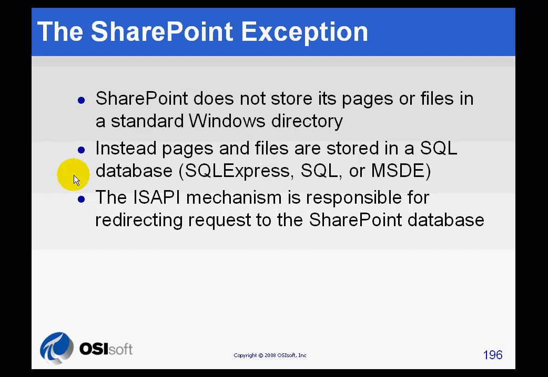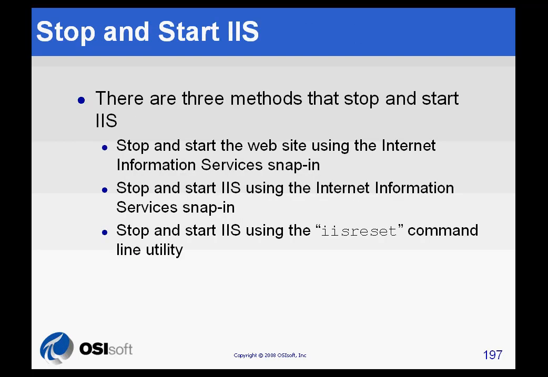And just so you know, minor technical trivia, really: there's an Internet Service API that is actually what's redirecting all of the requests handled by SharePoint out to SQL Server. So that's something you may see pop up in error messages from time to time, IIS API.